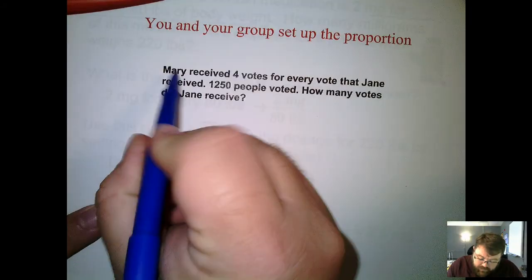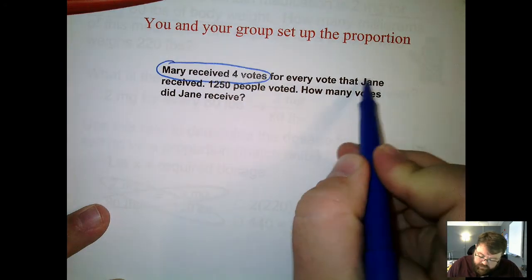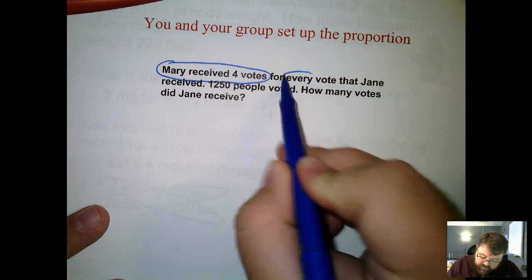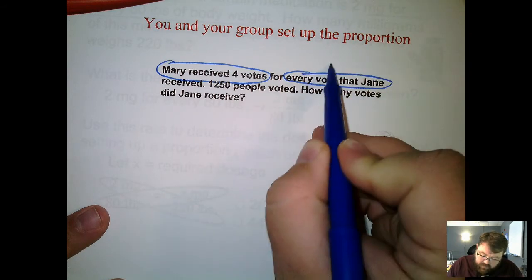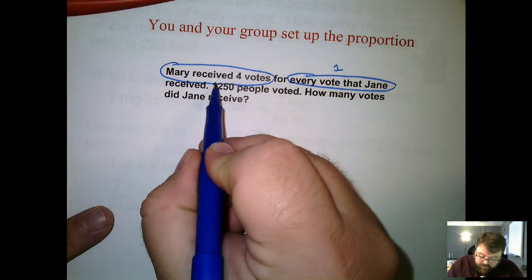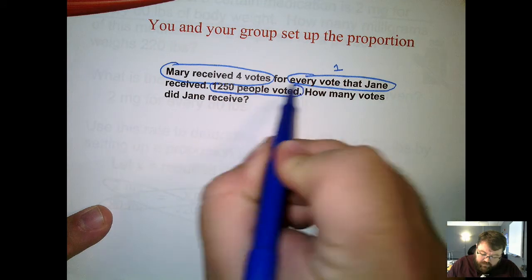Alright, so we have Mary received 4 votes for every vote that Jane received. So we have here 1 vote that Jane is receiving. And then our third number is 1,250 people voted.